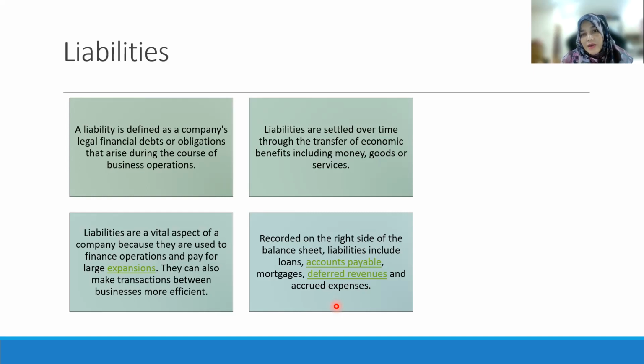But when you have many types of expenditure that you haven't paid yet, it's good to name them specifically. For example, if it is about an electricity bill not paid yet, it's good to use the term electricity bill payable. Or if it is about water bill payable, or the internet bill, internet bill payable.